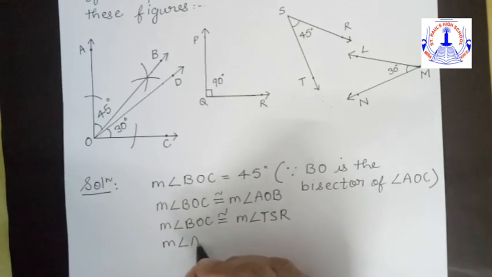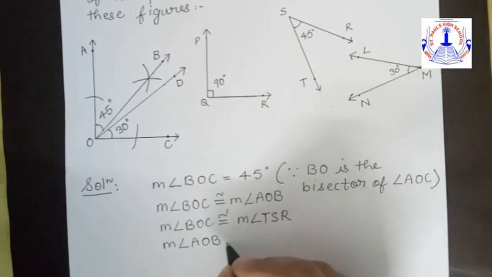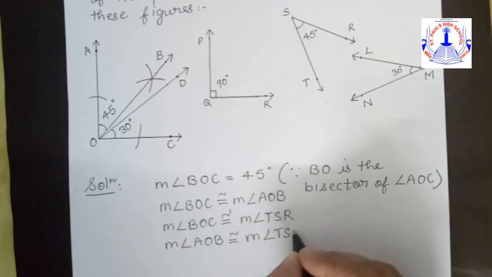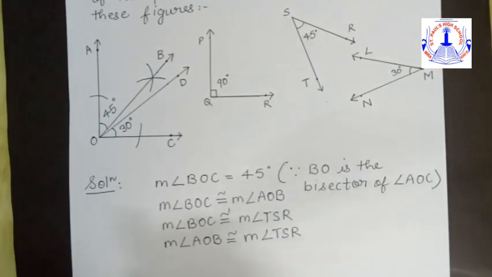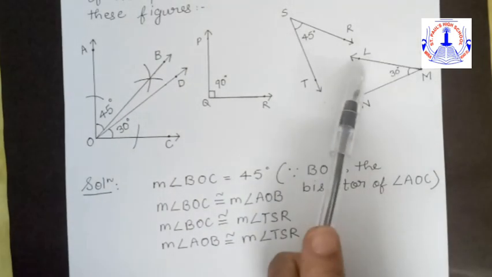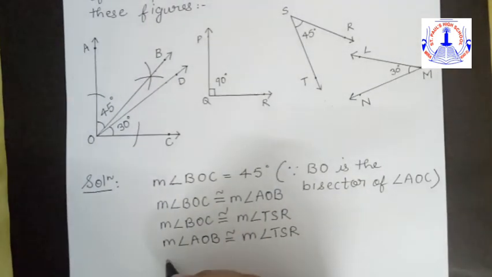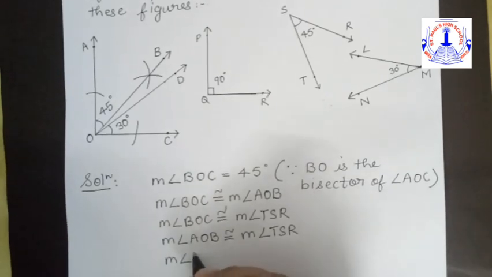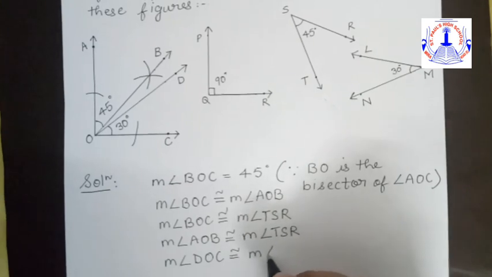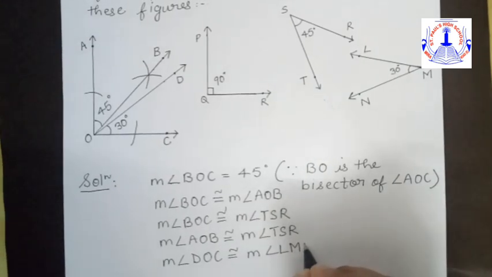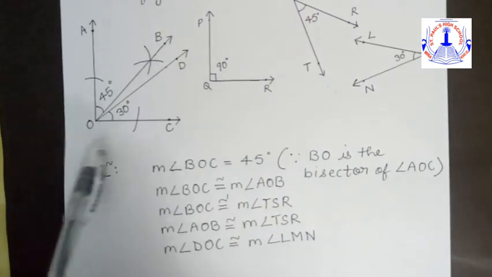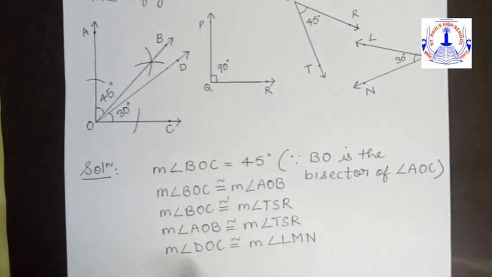Measurement of angle AOB will be congruent to measurement of angle TSR, of 45 degrees. Now measure of angle DOC and LMN both are 30 degrees. Measure of angle DOC is congruent to measure of angle LMN because LMN and DOC are 30 degrees.